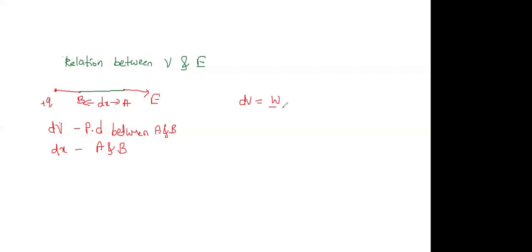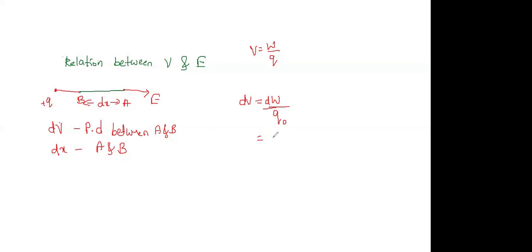So according to the definition of the potential, we can write it as dW upon q naught. Hope you remember that from yesterday. Potential is equal to work done per unit charge. Since we have taken the potential as dV, we are considering a small work done, that is dW. So dV is equal to dW upon q naught.